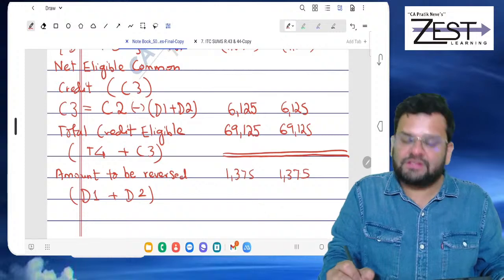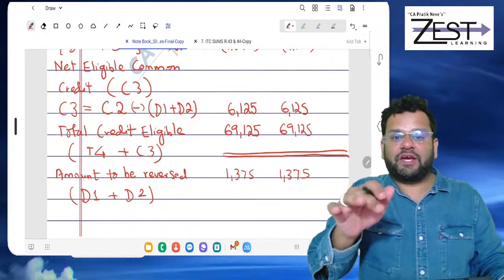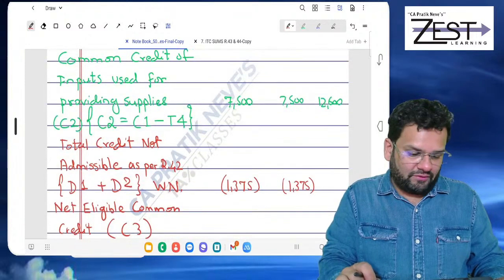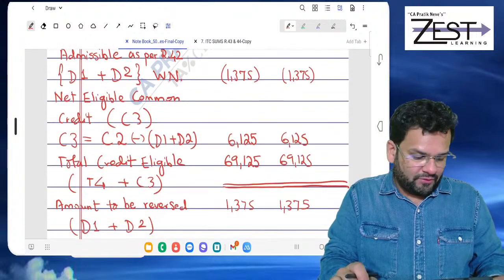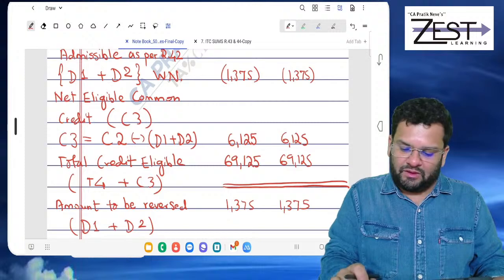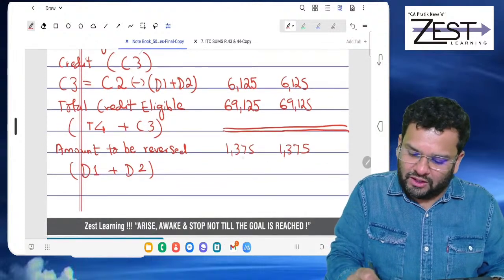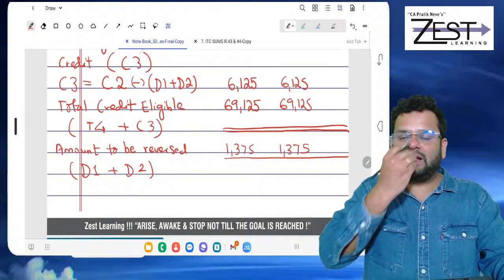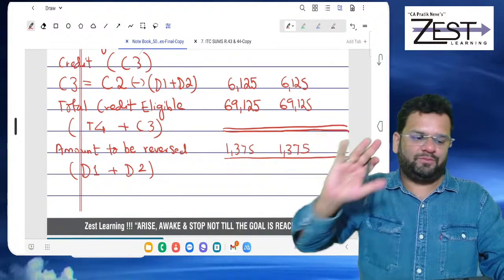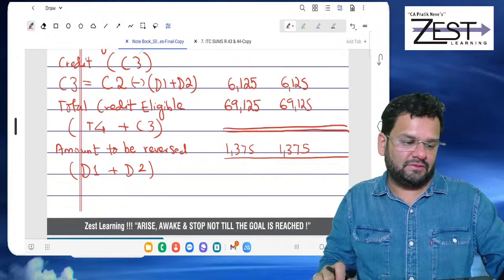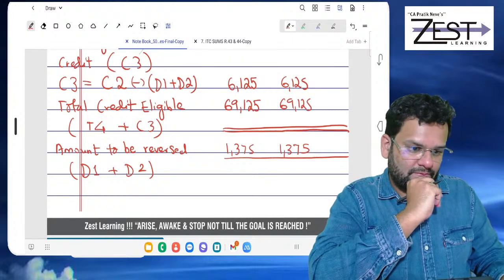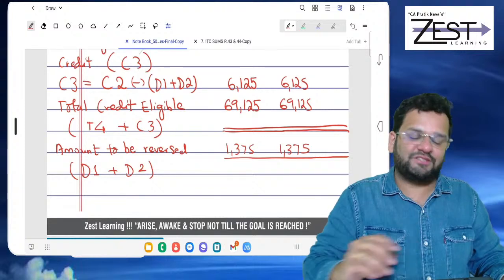Did you all understand? You can check, 70,500 minus 1375. You will get 69,125 as the answer. It's one and the same. You can do it like this or like this. You will get same answer. Have you all got it till this point?